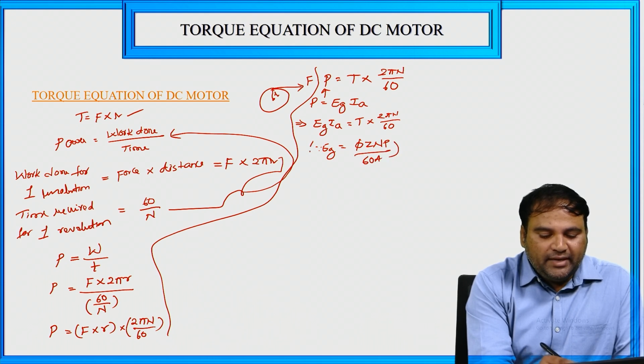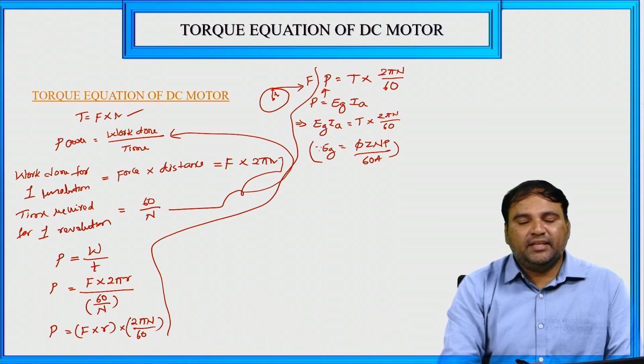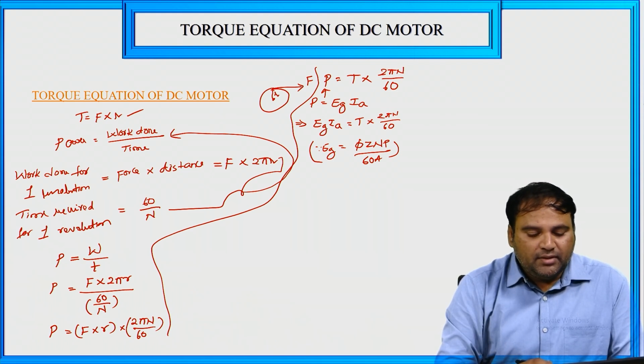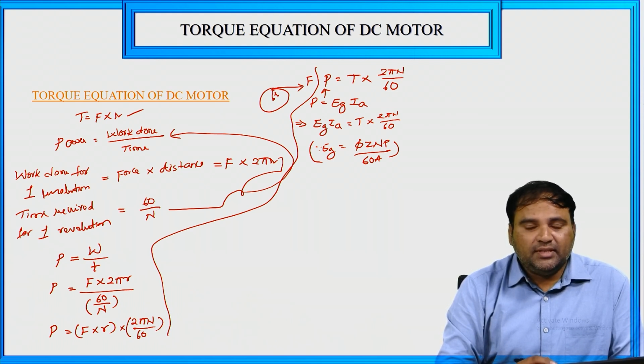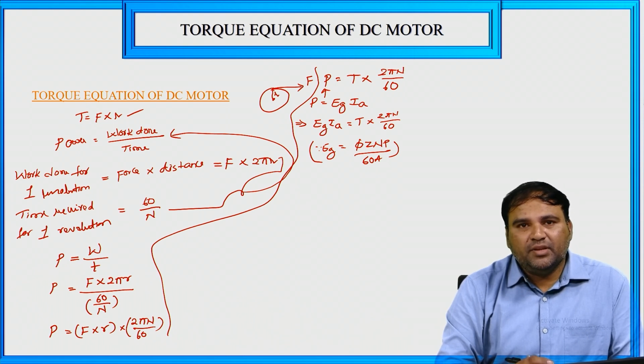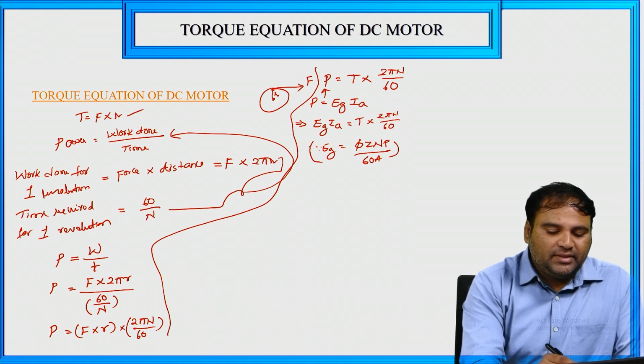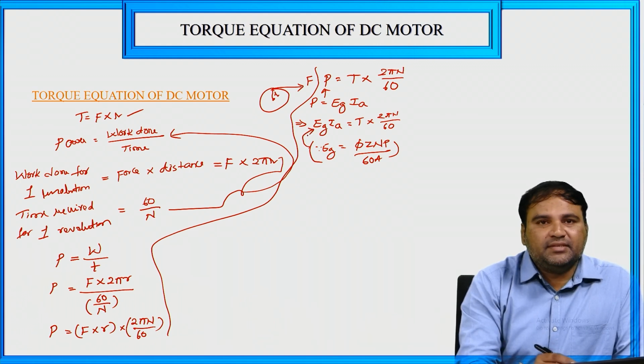So the generated EMF of a DC motor or DC generator is the same in both cases. So Eg equal to φZNP divided by 60A. Now substitute this Eg value in this equation.